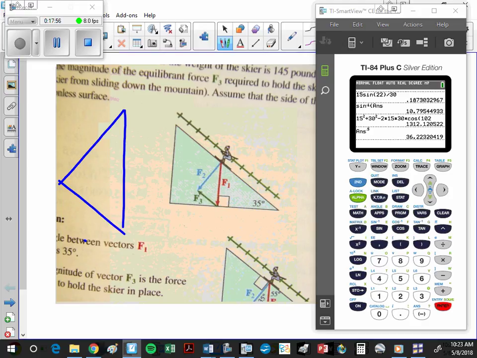So this is 35 degrees, and we want to know the magnitude of F3. Okay, well, this is a right angle, which means that this is 55 degrees. And then we know that the sine of 35, so let's call this theta, the sine of 35 is F3 over F1.